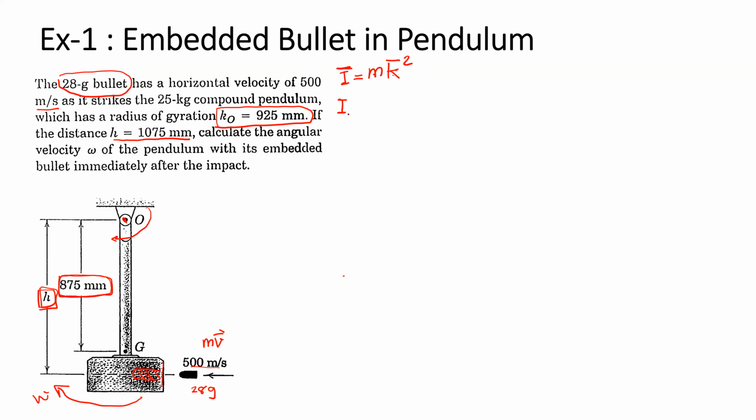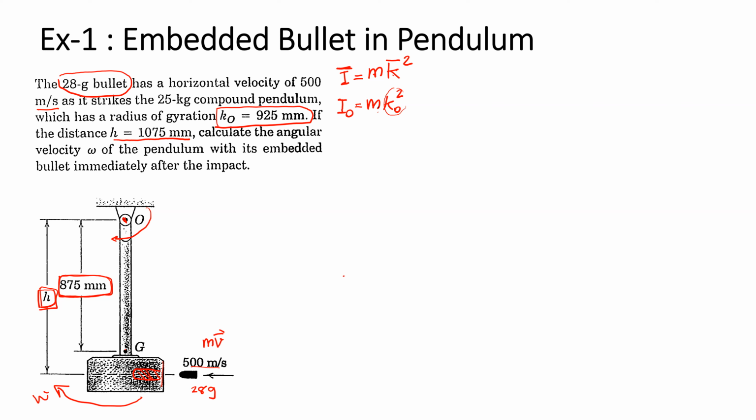If we need to obtain the moment of inertia about any point, if the problem gives the radius of gyration about that point, we can simply obtain the moment of inertia about that point by directly multiplying the square of the radius of gyration to the mass.